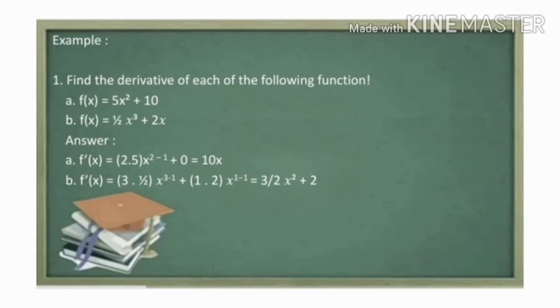Example number 1. Find the derivative of each of the following functions. A. f(x) equals 5x squared plus 10. B. f(x) equals half x cubed plus 2x. Answer. A. f'(x) equals 2 times 5x^(2-1) plus 0 equals 10x.